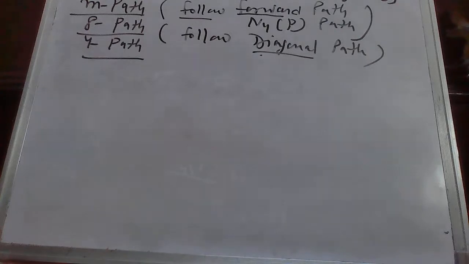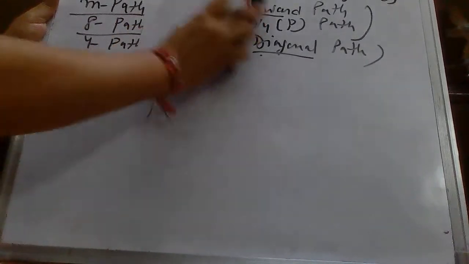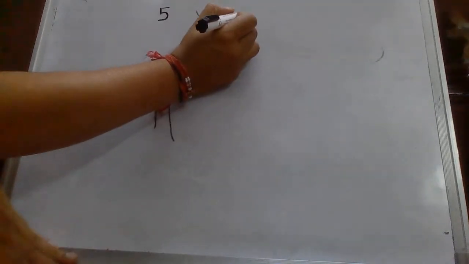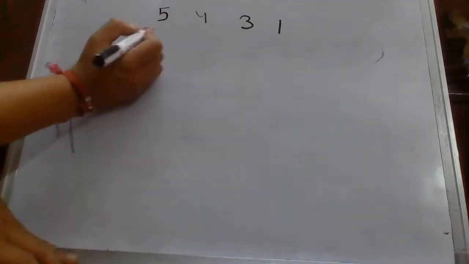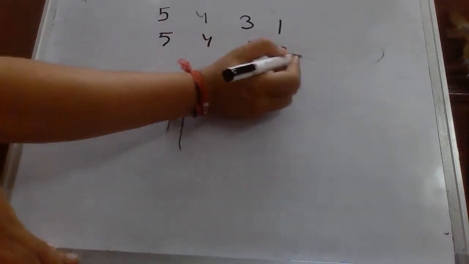So now let's take one more question and try to find out its 4 path, M path and 8 path, so that things will be more clear to all of you. So just take the pixel values, I'm just noting them down. Let's take an example of 5, 4, 3, 1. Again 5, 4, 0, 2.